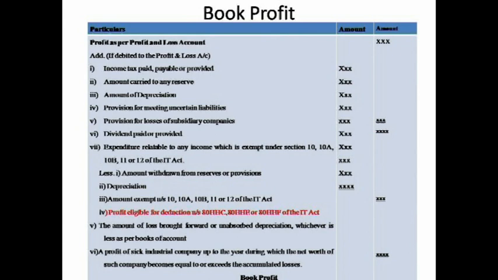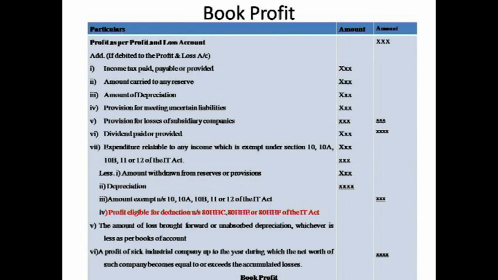For example, income tax paid or payable, amount credited to any reserve, amount of depreciation, provision for meeting uncertain liabilities, provision for losses of subsidiary companies, dividend paid or provided, expenditure relating to any income which is exempt under section 10, 10A, 10B, 11, 12 of the Income Tax Act. So, all these items are to be added to the profit as per profit and loss account.